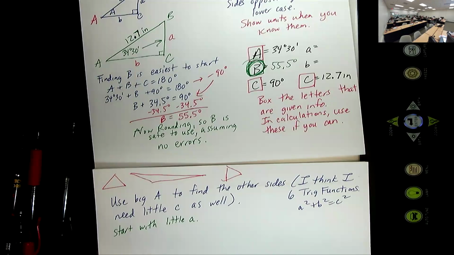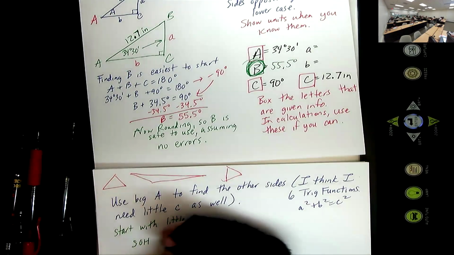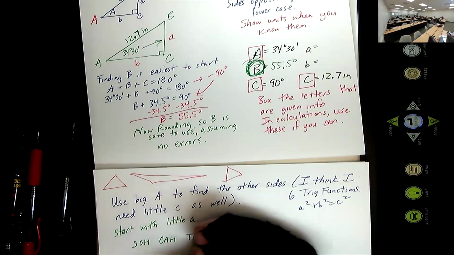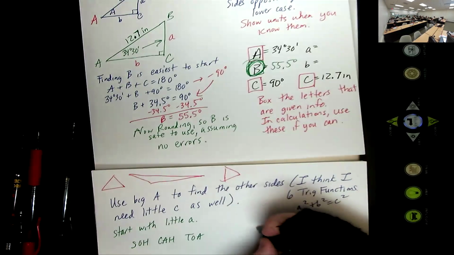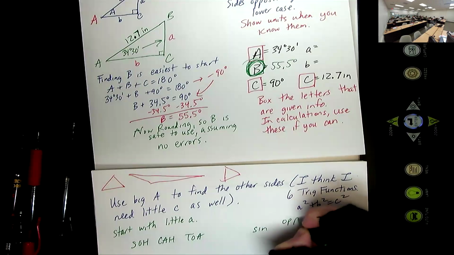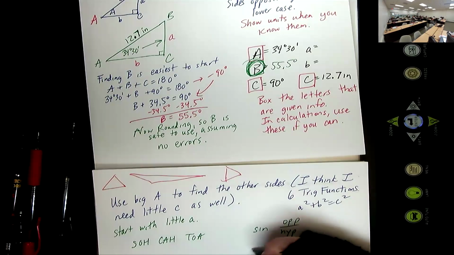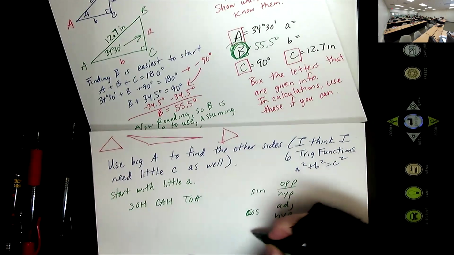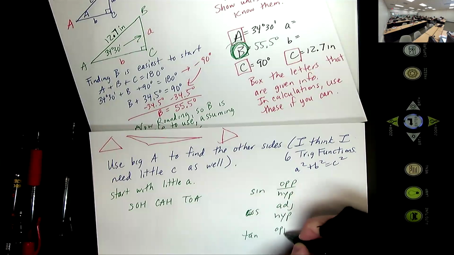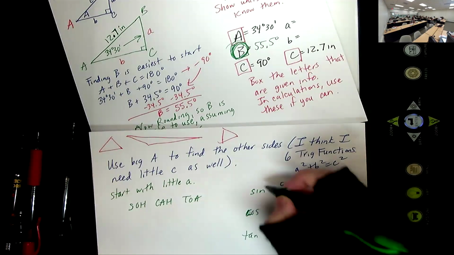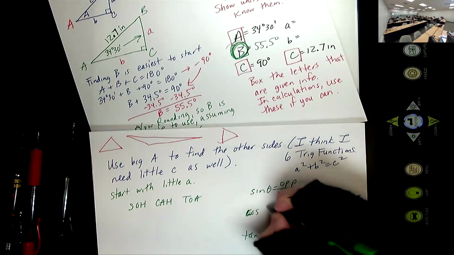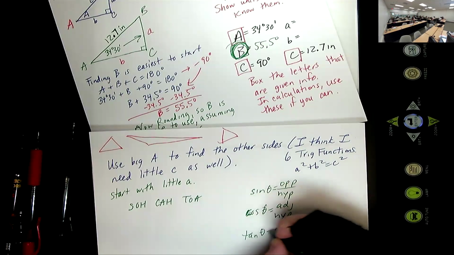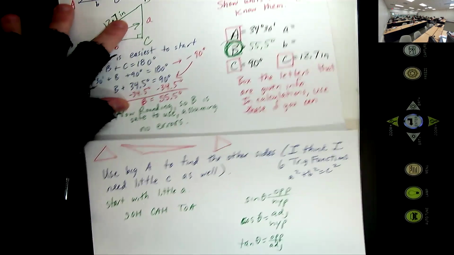Cosine does not have opposite. Sine has opposite in it. So remember your SOHCAHTOA. Sine is opposite over hypotenuse. Cosine is adjacent over hypotenuse. And tangent is opposite over adjacent, so we have a couple of them that have opposite in them.